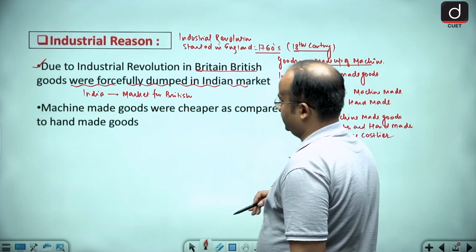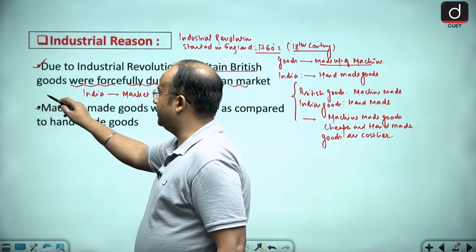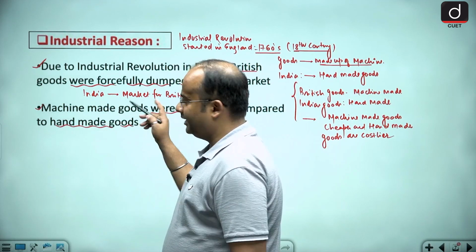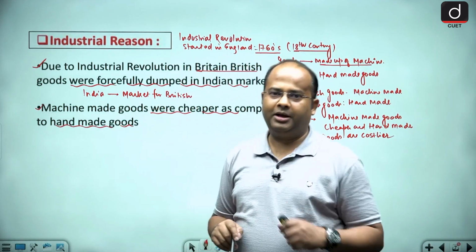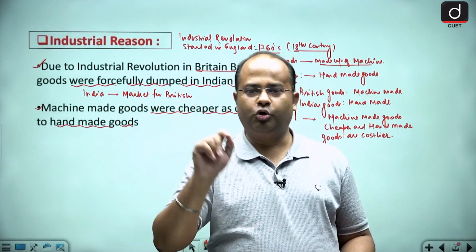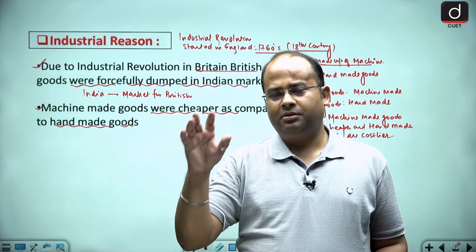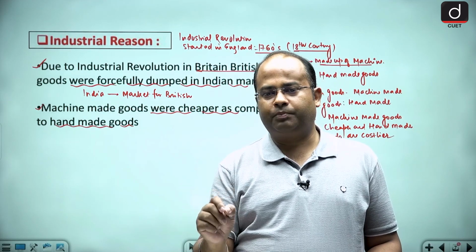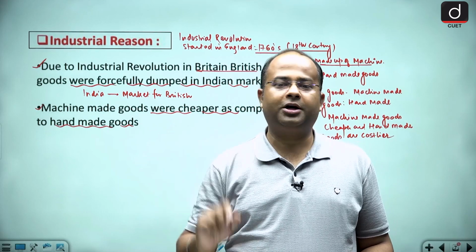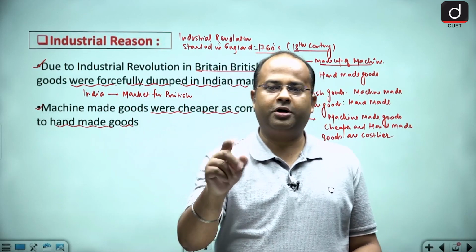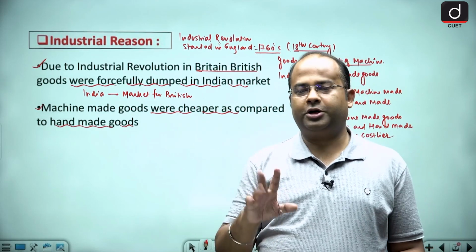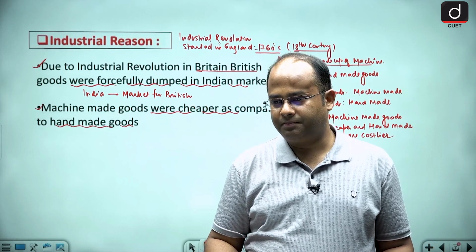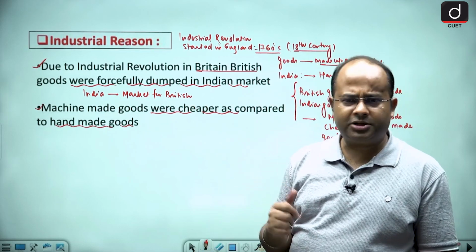Now guys, tell me an answer. If you find two products of the same type, one machine made and the other handmade, and the machine-made product is cheaper, the quality level is almost the same, which product will you purchase? Obviously your answer will be the machine-made goods.